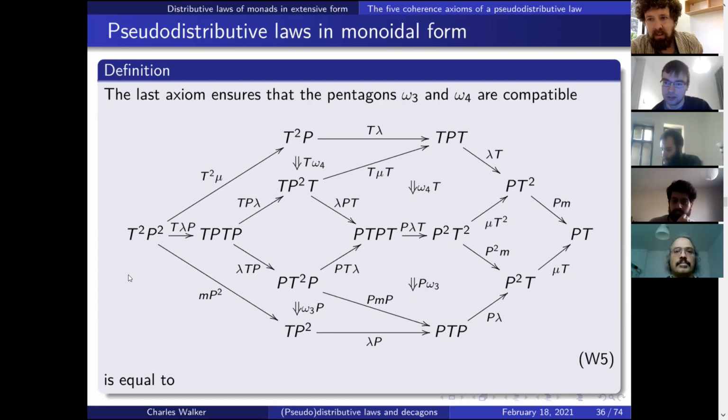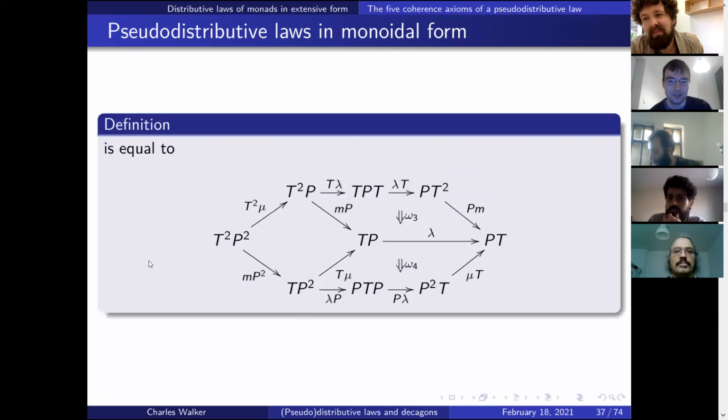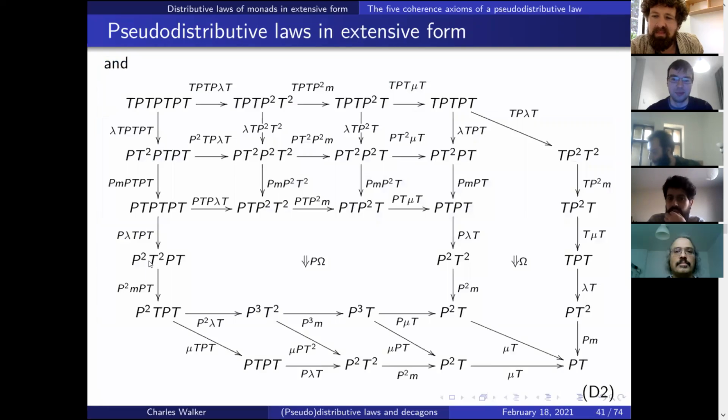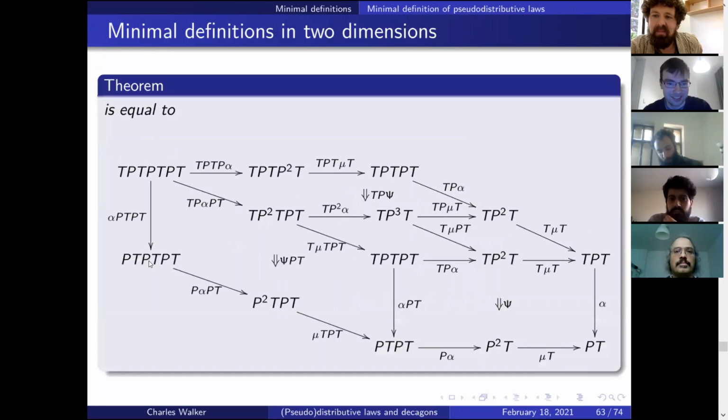So it should be easier to verify that you have a pseudo-distributive law in practice with these axioms. I really use the minimal definitions for that sort of thing.